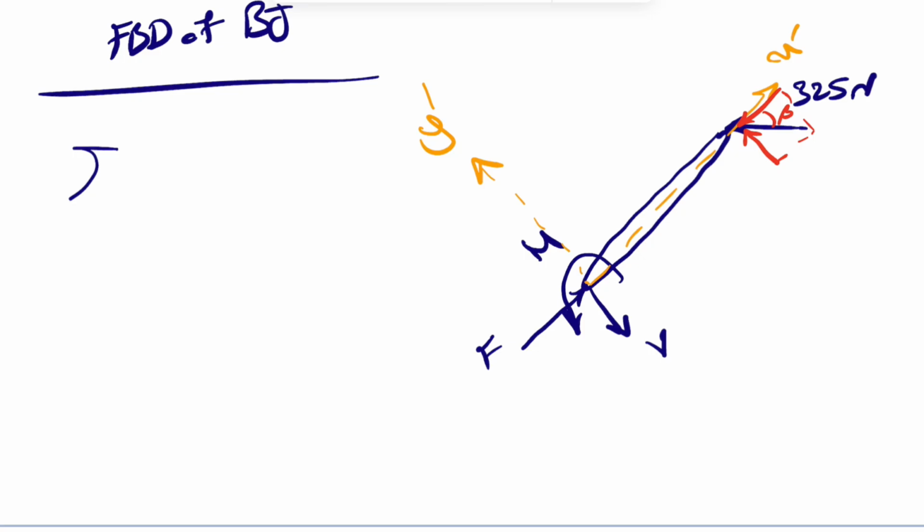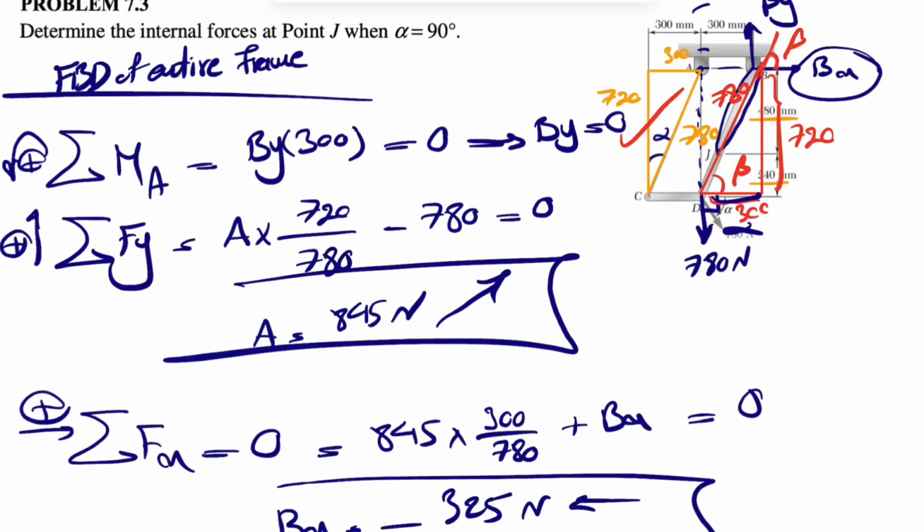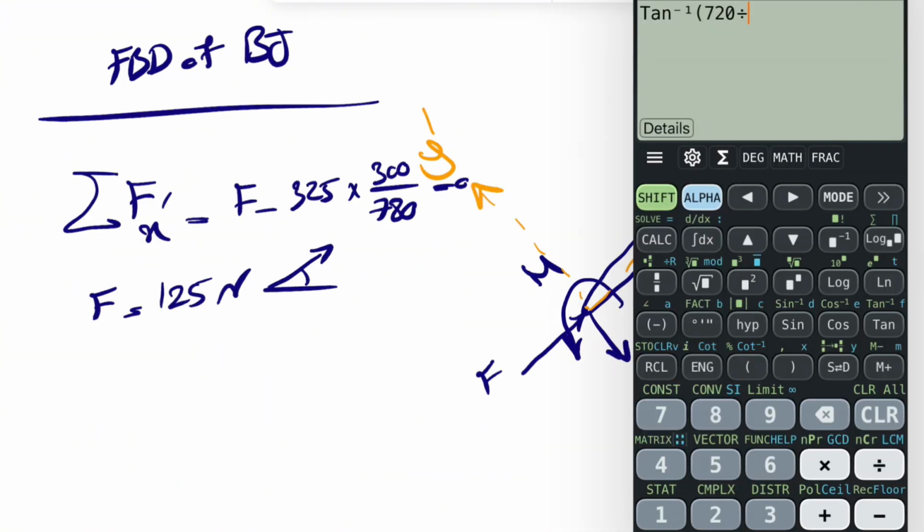So let's do sum of all forces in x prime first. What we're going to have is basically F minus 325 cosine of beta. We're talking about this one, and cosine of beta in here would be 300 divided by the hypotenuse, 300 divided by 780, is equal to 0. Our F would be 325 times 300 divided by 780, which is going to be 125 newtons.